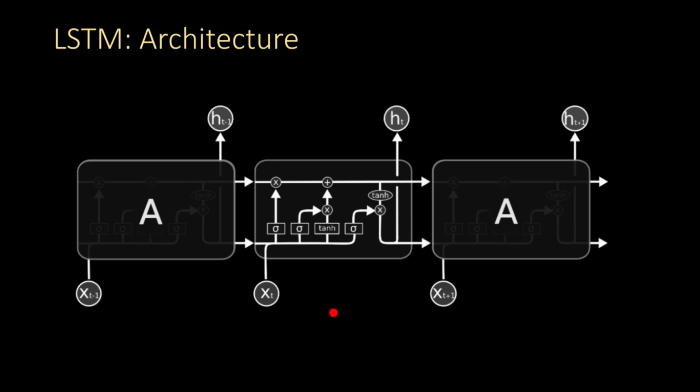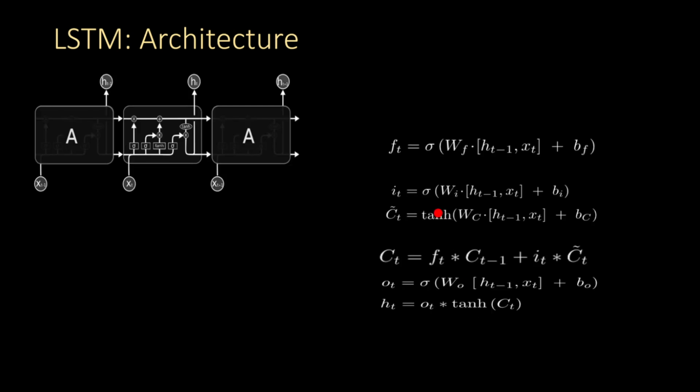These cells get repeated at each time step, and the weights are shared, just like a vanilla recurrent neural network. As you can see, your forget gate and your input gate both receive information from h_{t-1}, the hidden state of the previous time step, as well as the present input, x_t.